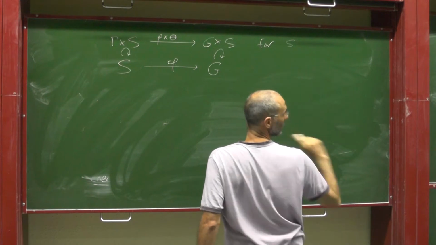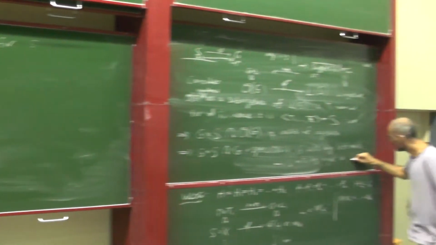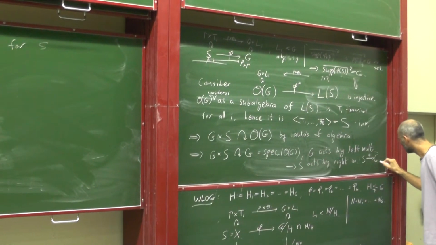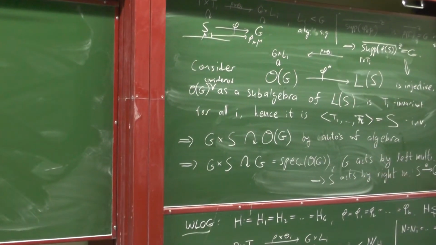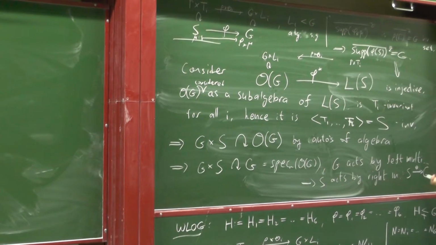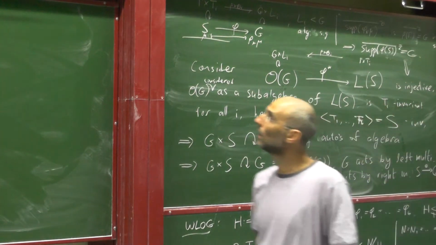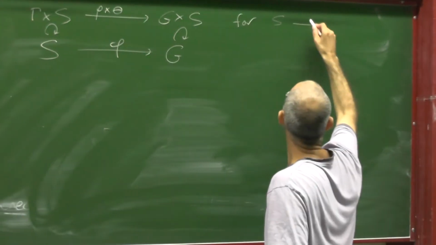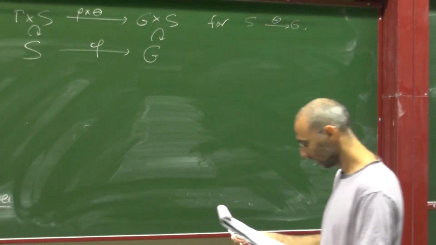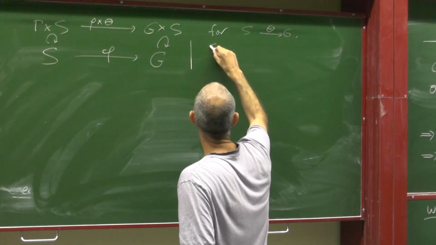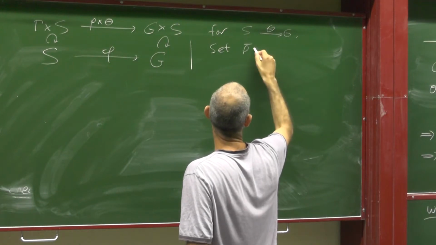So I have a map theta from S to G. The action of S on G by right multiplication is via some homomorphism into G, which is the group of right multiplications of G. Maybe this theta I should call rho bar.